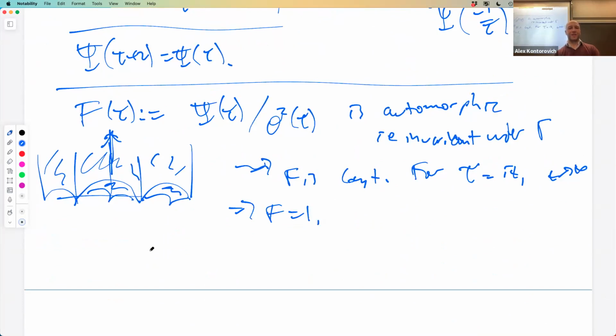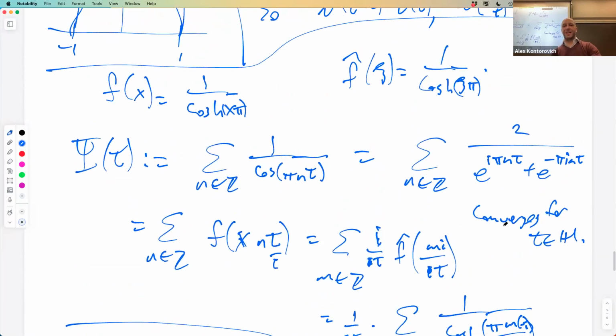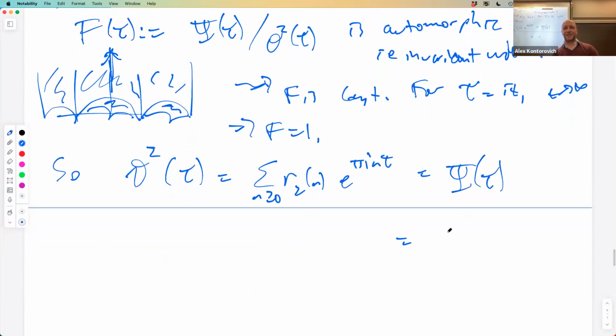This implies F is 1, so theta squared of tau, which I remind you is a sum over the number of representations of n as a sum of 2 squares, is in fact equal to psi of tau, where psi is this 1 over cosine function. I'll write it in this form: a sum of 2 over cosine n pi tau, that is, e to the pi i n tau plus e to the minus pi i n tau. You buy that?